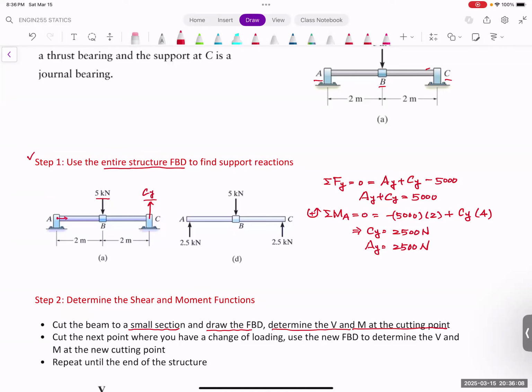And if you don't see any changes, you can cut it here, or here, or here. As long as there's nothing change, then most of the time the problem is going to be the same.